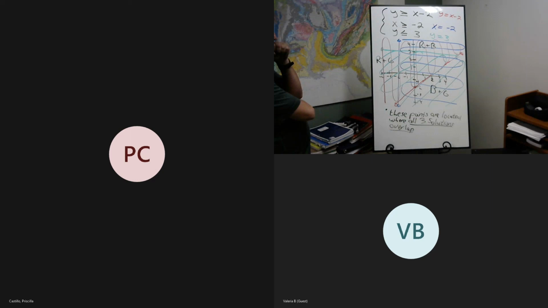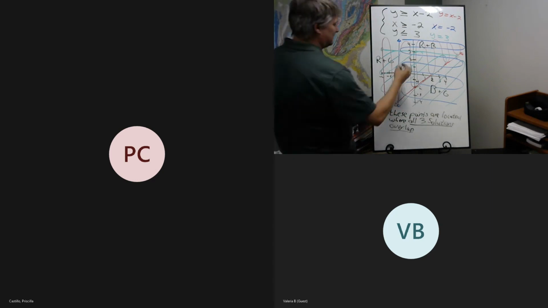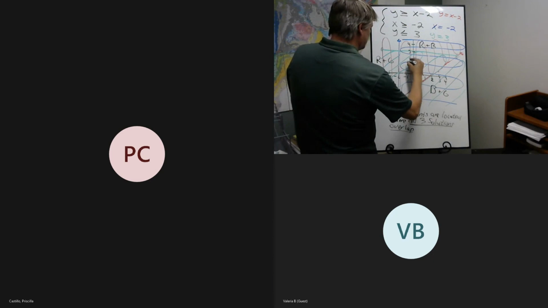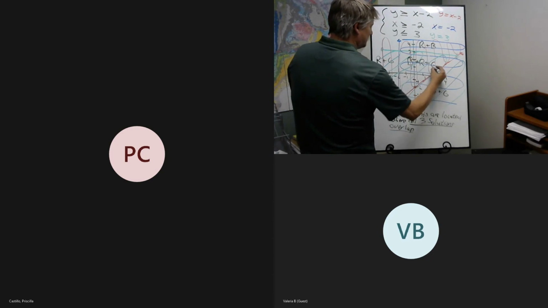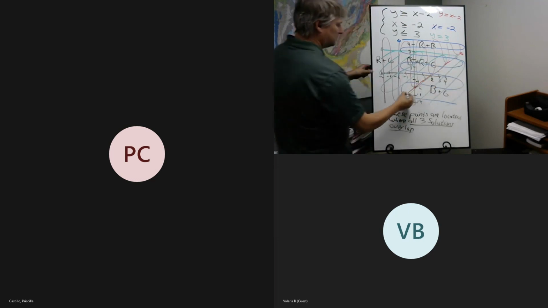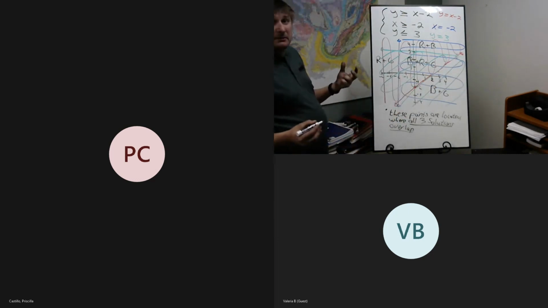So it looks like, though, we have blue, red, and green. Hard to see there. In this middle triangle. This triangle in the middle.